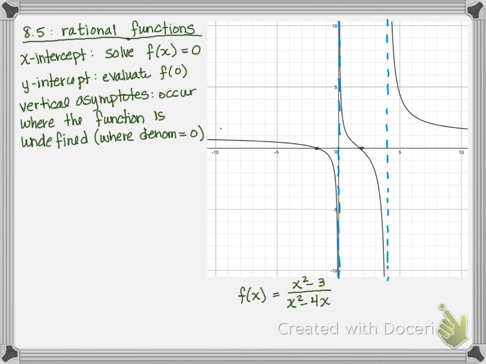Our vertical asymptotes are horizontal lines. No, they're not. They're vertical lines. I'm sorry. They're vertical lines, so remember that when you give a vertical asymptote, it has to be the equation of a vertical line. So you always write these as equations.